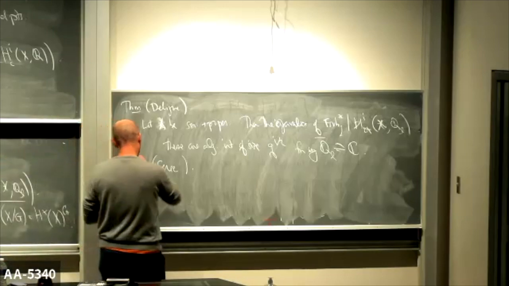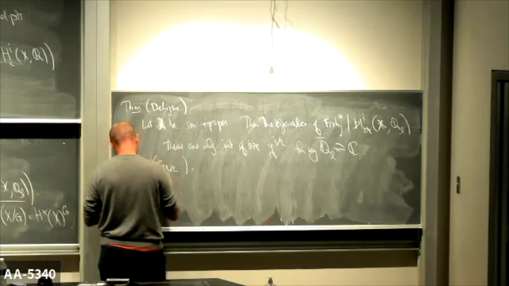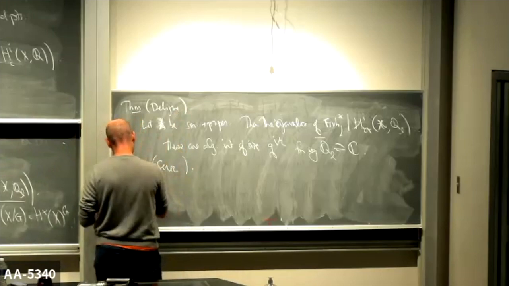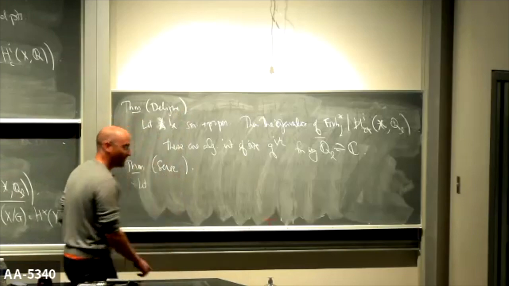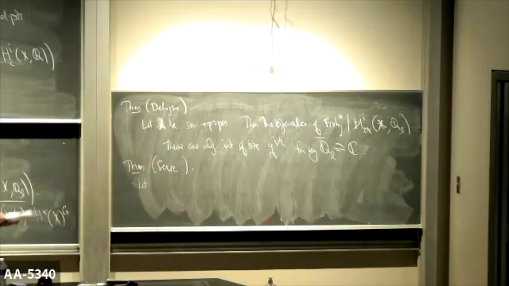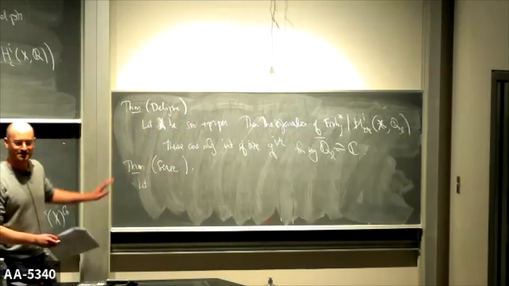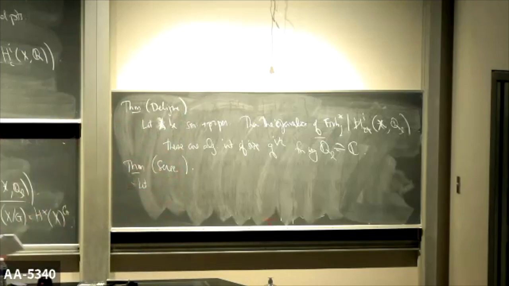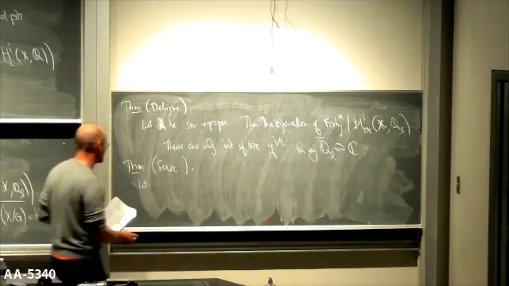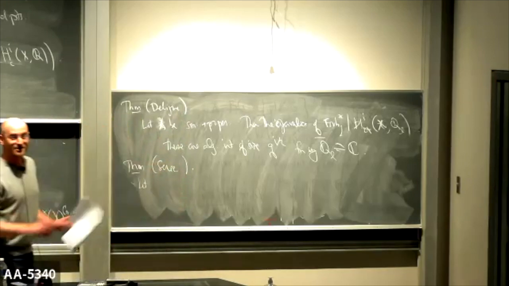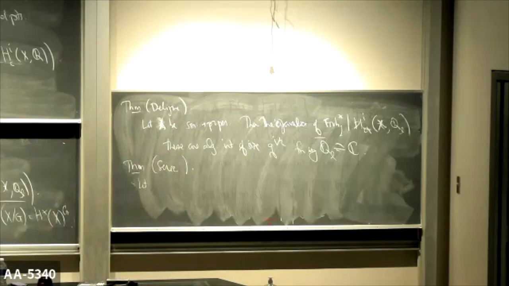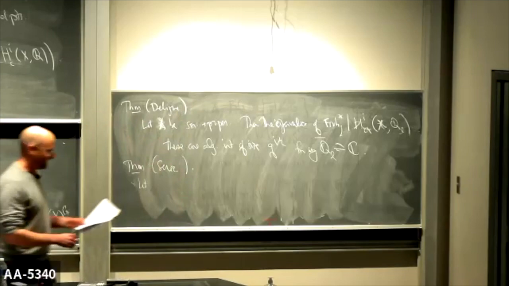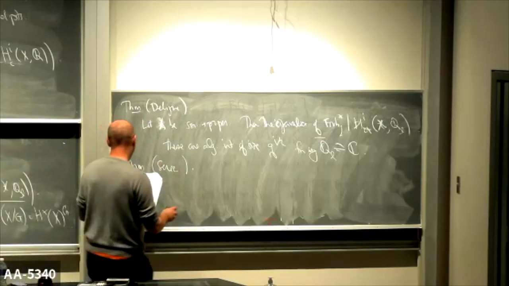So here's a theorem of Serre that predates this theorem of Deligne. A wonderful, right, so this was a letter to André Weil that was published in the Annals. The paper starts, Mon cher André. And so Serre wanted to explain to André Weil the meaning of the Weil conjectures. So here it is.